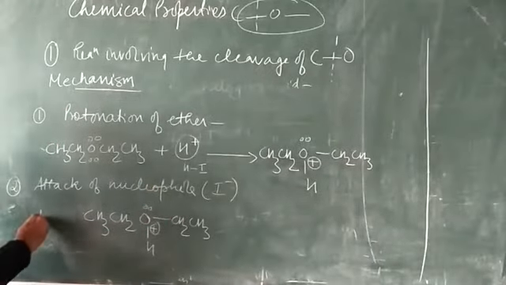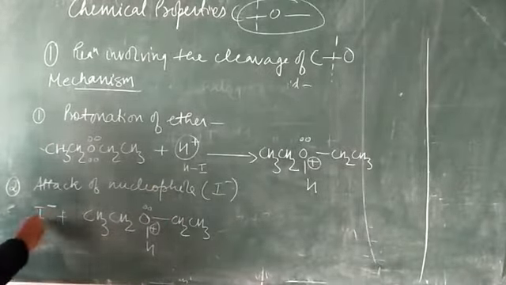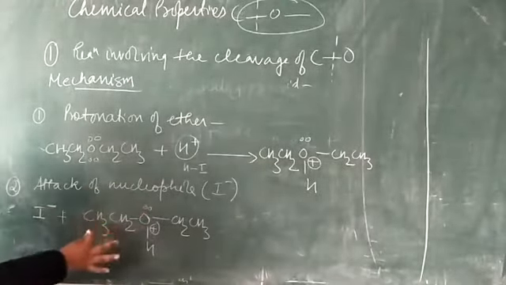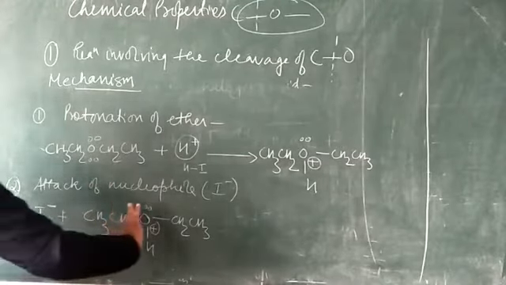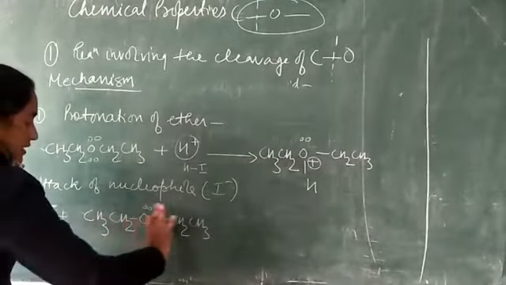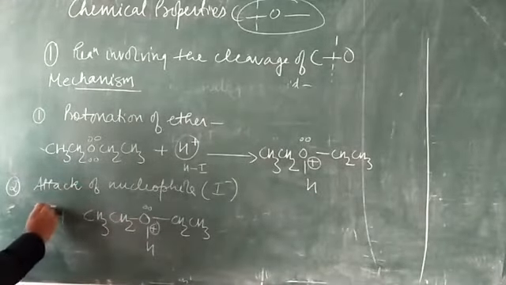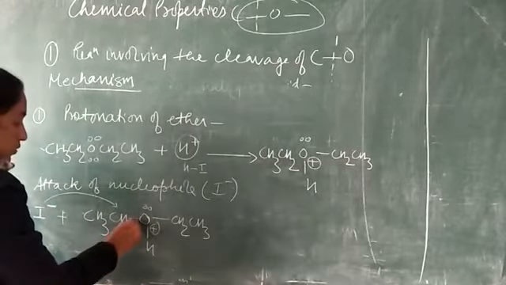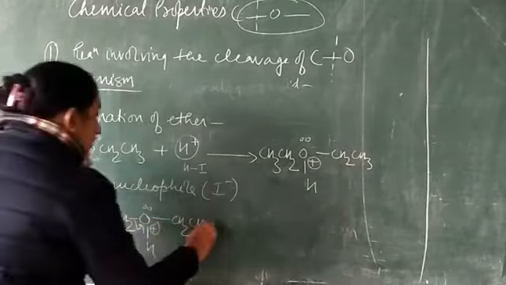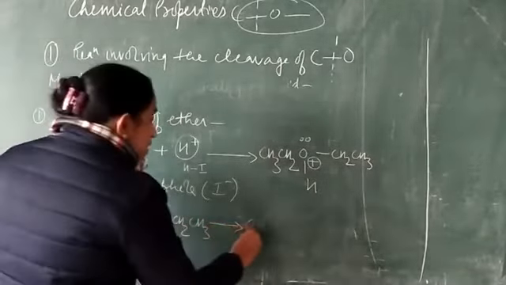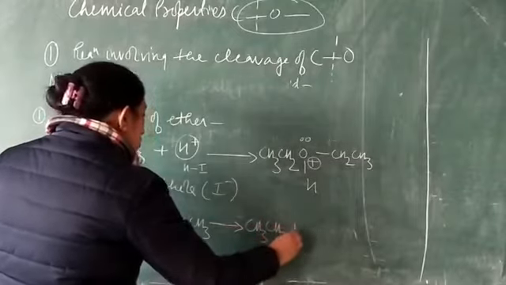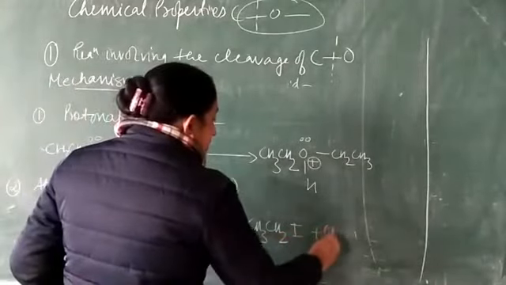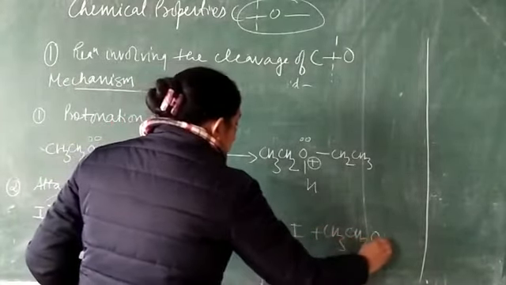The I negative, acting as a nucleophile, will attack the oxonium ion from the side opposite to the one which is leaving, since this side has to get removed. It will attack from this side. So we will get CH3CH2I formed, and we will get CH3CH2OH.